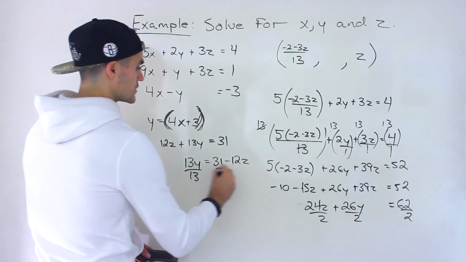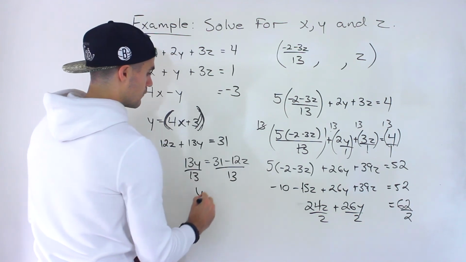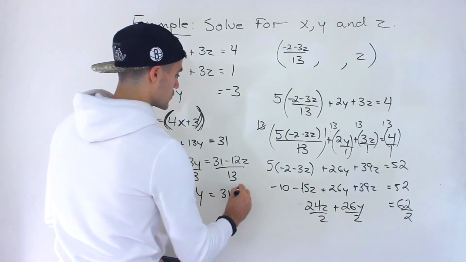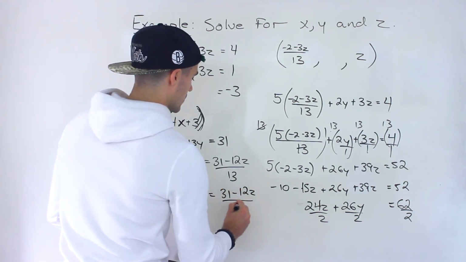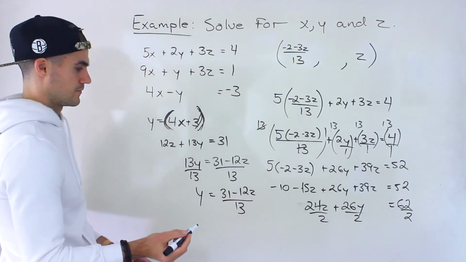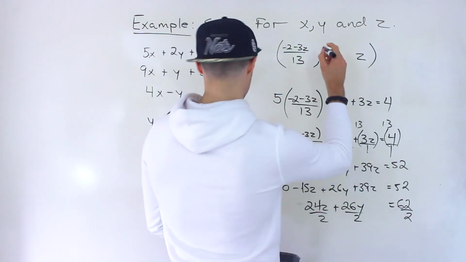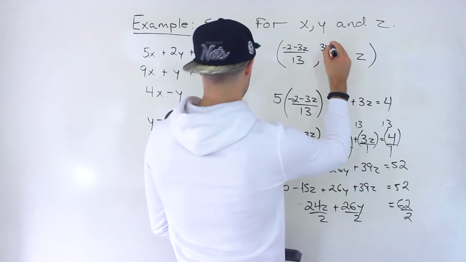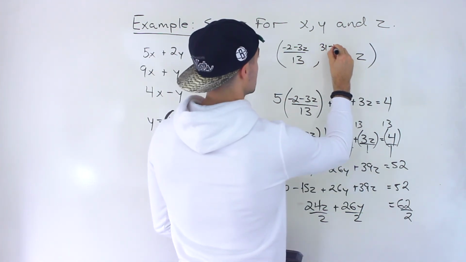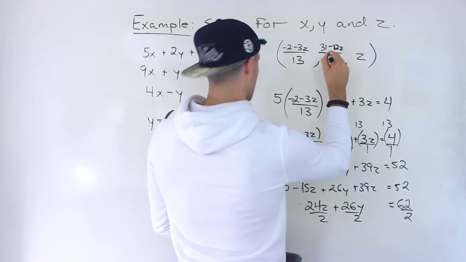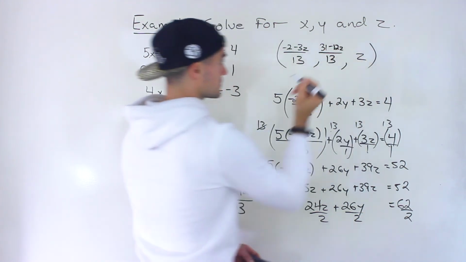Divide everything by 13, so we'd have y equals 31 minus 12z all over 13. And so now we have the y in terms of the z, and that would go over here. So that's another way to represent this if we made everything in terms of the z.